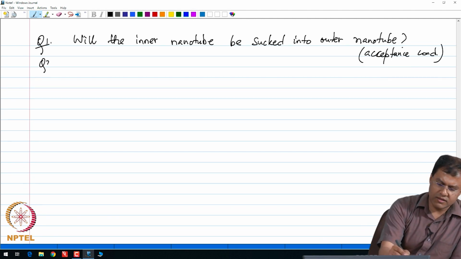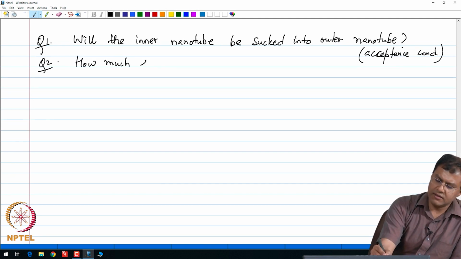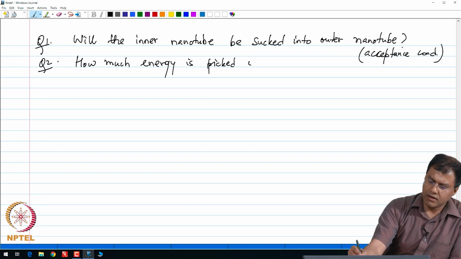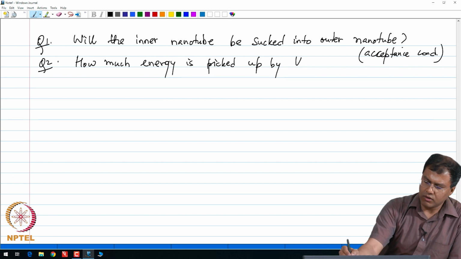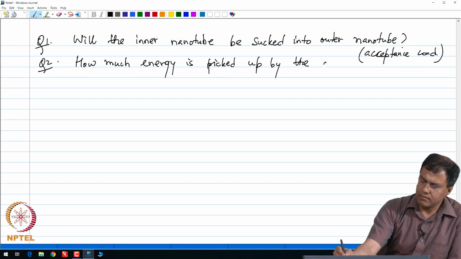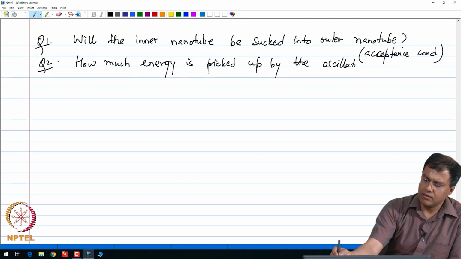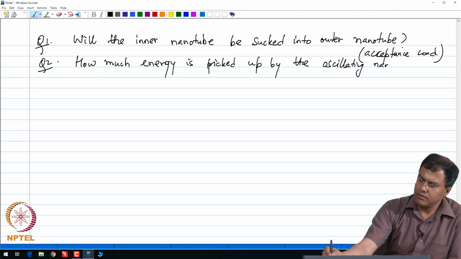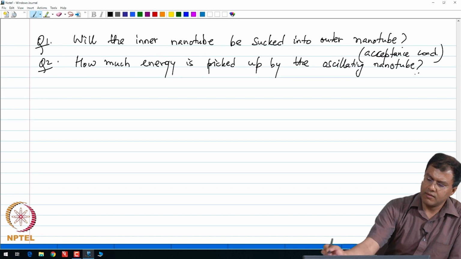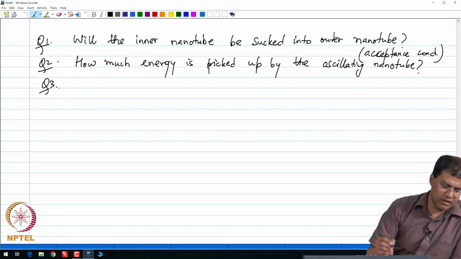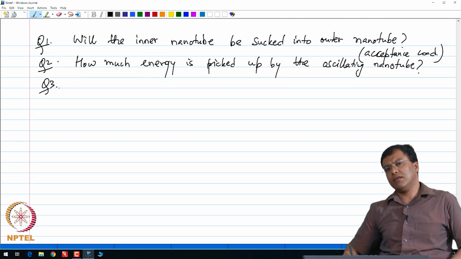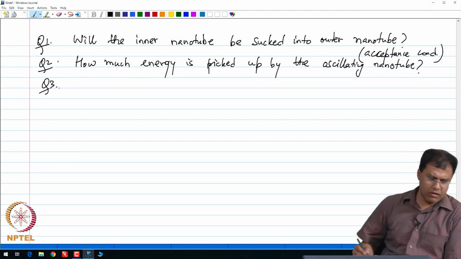And the second question is, how much energy is picked up by the oscillating nanotube? And the third question that we want to answer is, how can we quantify this oscillatory motion, or for example, what is the oscillatory time period or the oscillatory frequency of this motion.